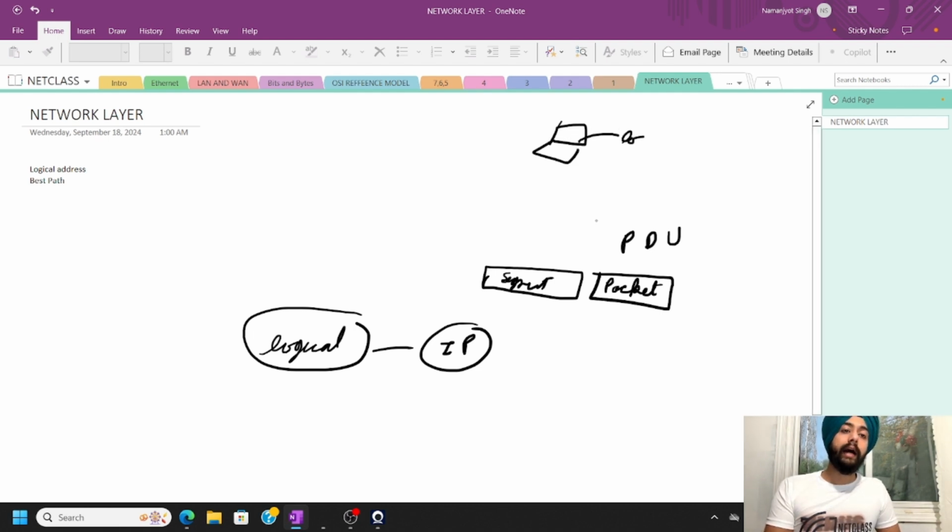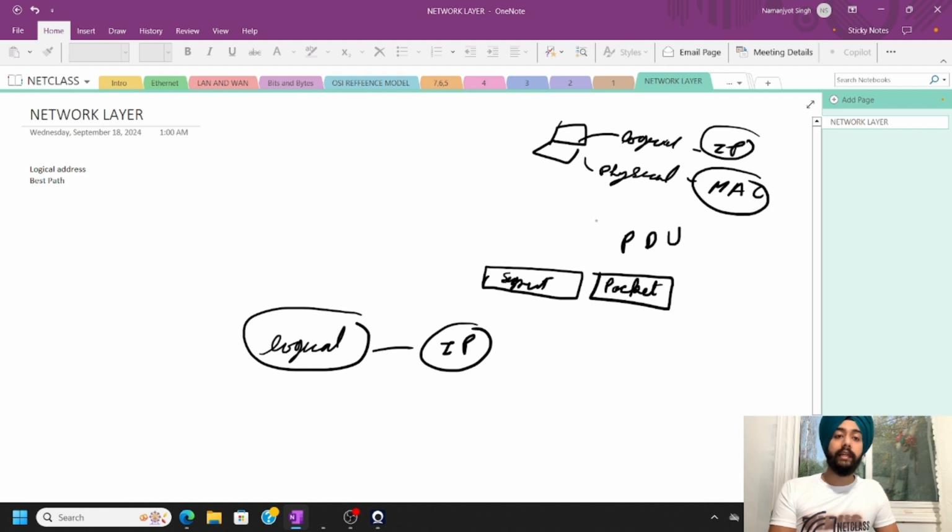A logical identity of a node is the IP address, and the physical identity of a node is the MAC address, media access control. These two are very necessary when forwarding the traffic. So the network layer helps in logical addresses of the network, and it helps in finding the best path.